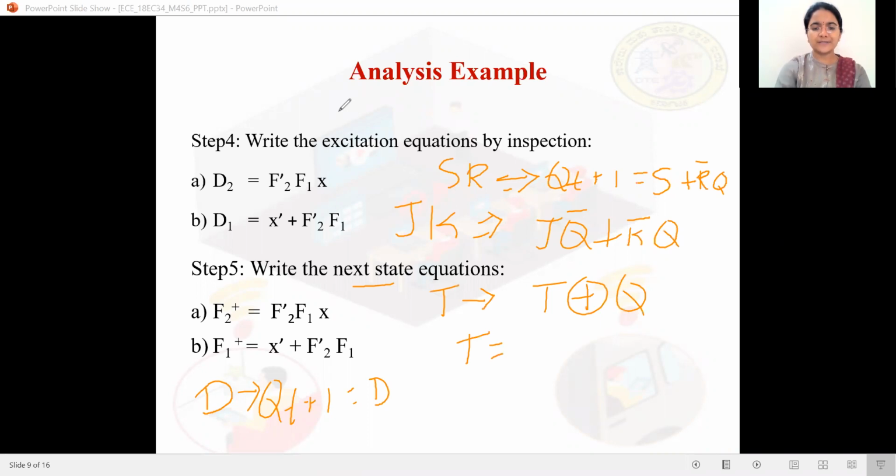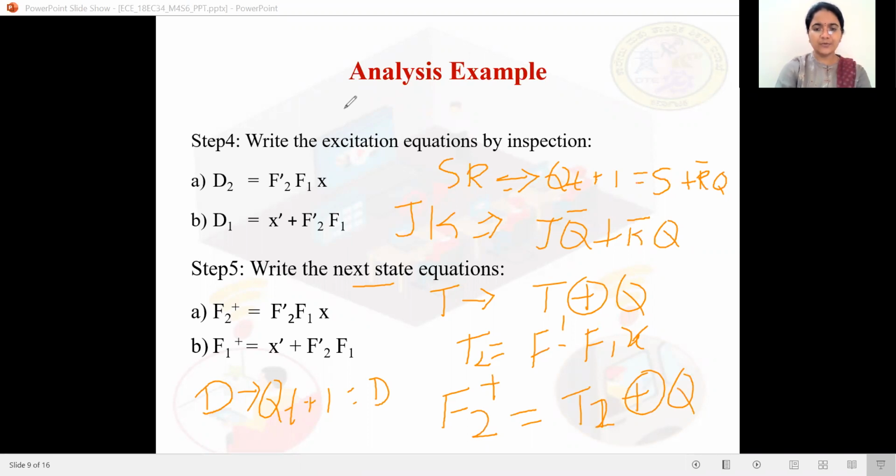It is T XOR Q. Let us consider the T input as F2 bar F1 X. Now I'm explaining for the T flip-flop: F2 plus is equal to T2 XOR Q.